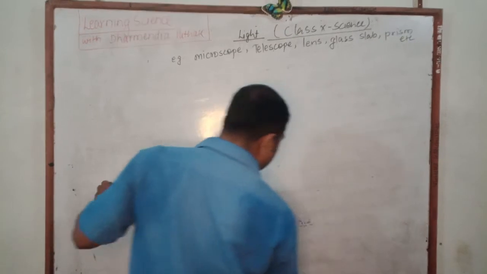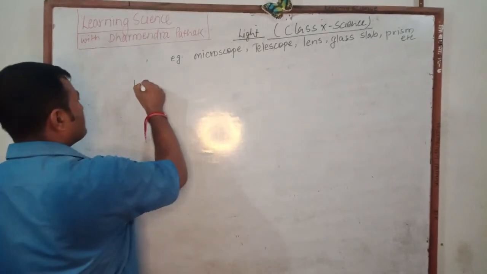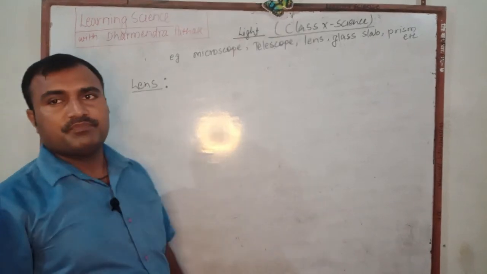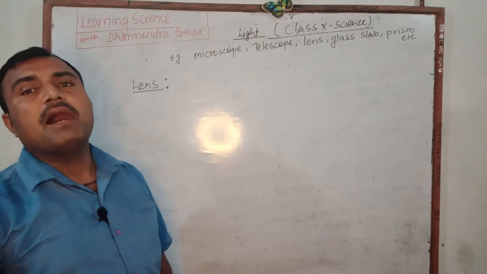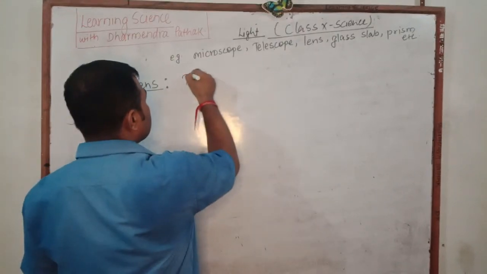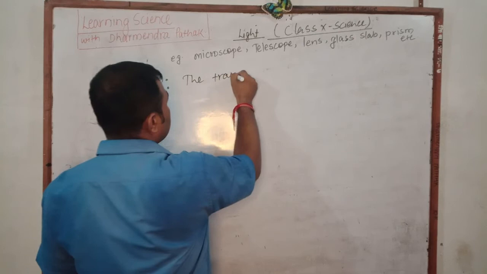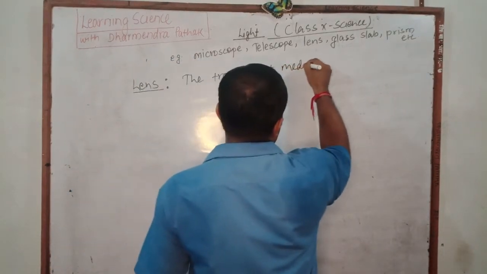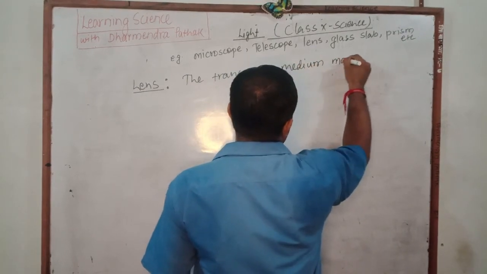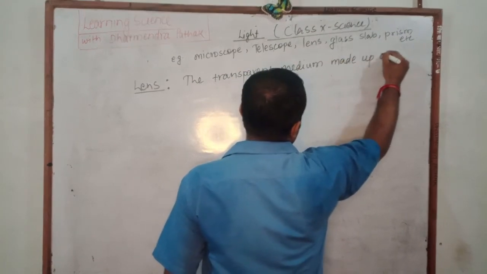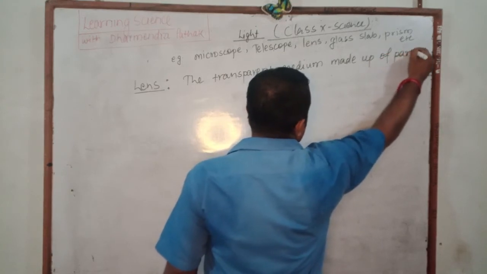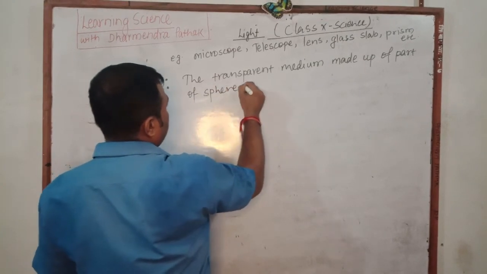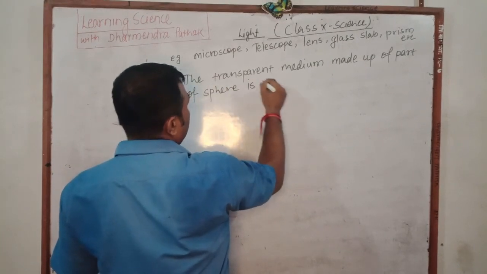At first we describe lens. A lens is a transparent medium made up of part of spheres, and we define it: a transparent medium made up of part of spheres is called a lens.